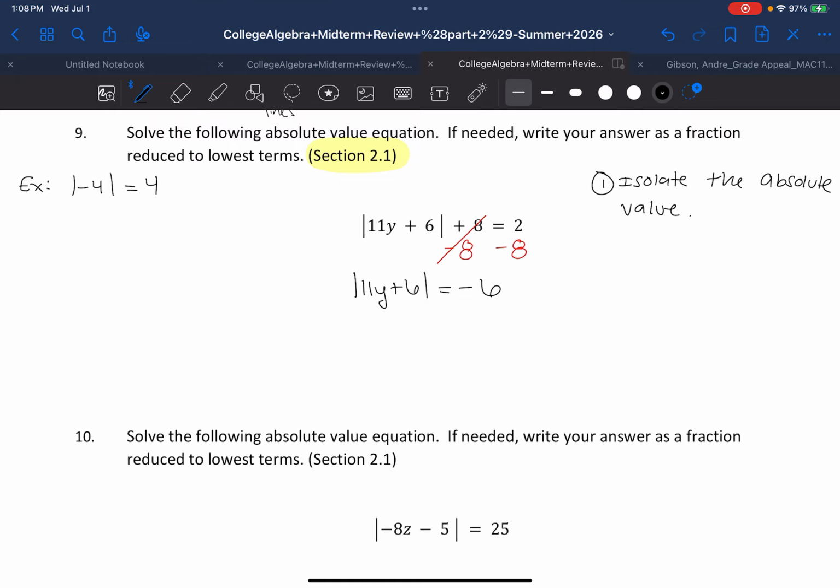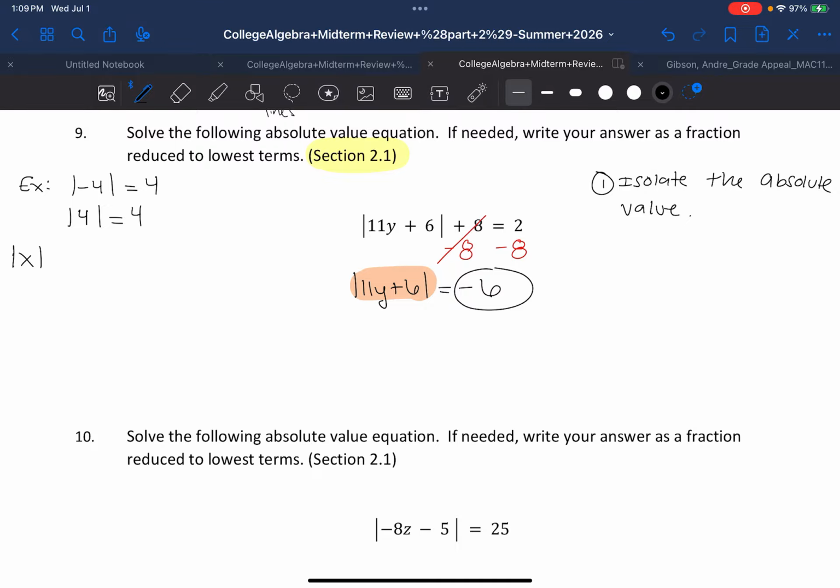So it makes it positive. The answer is a positive 4. And the absolute value of positive 4 is also positive 4. So we cannot have the absolute value of anything be equal to a negative number. That is one of the rules.